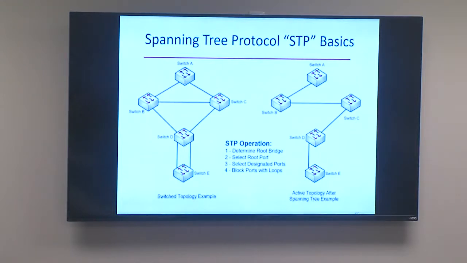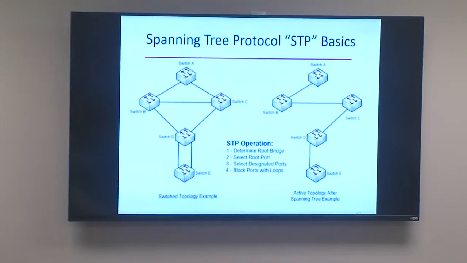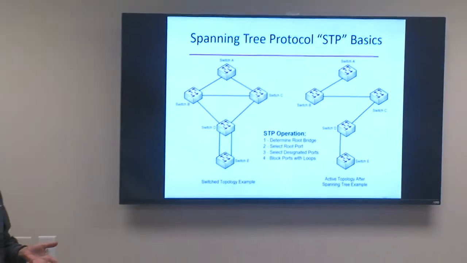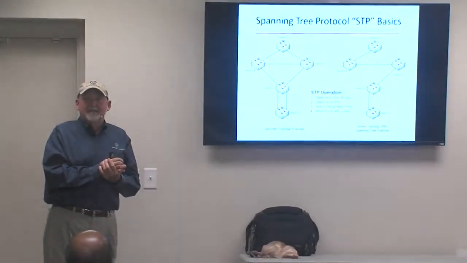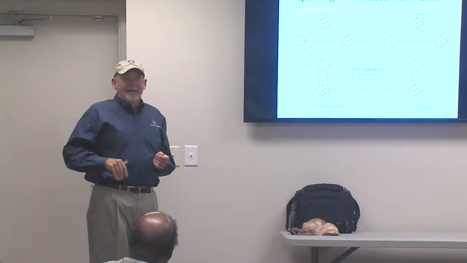But there's all kinds of interesting fallbacks in most of the algorithms. Let's say the first switch that comes online automatically can become the root bridge. But what if somehow I turn all the switches on at the same time? Maybe they're on a power strip.